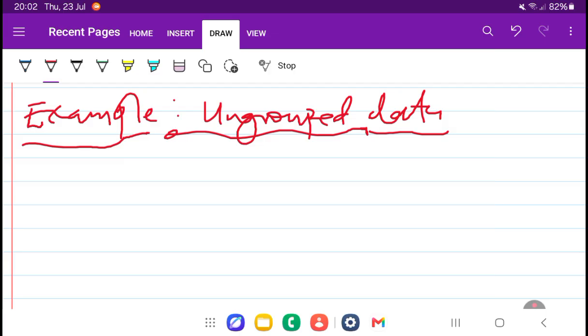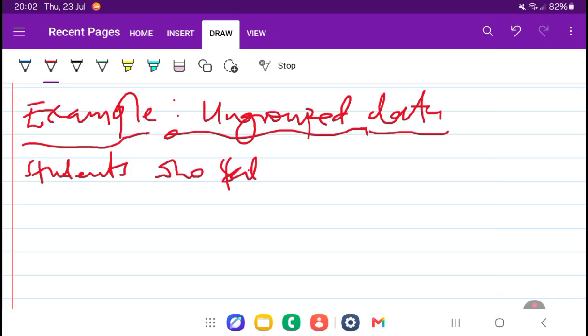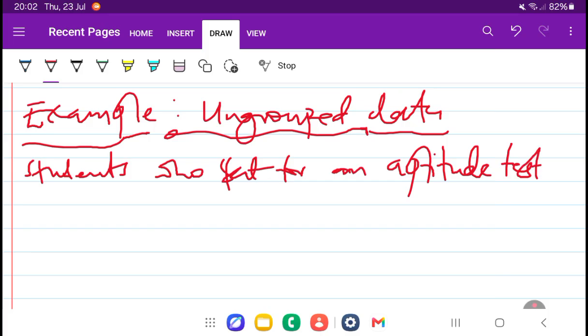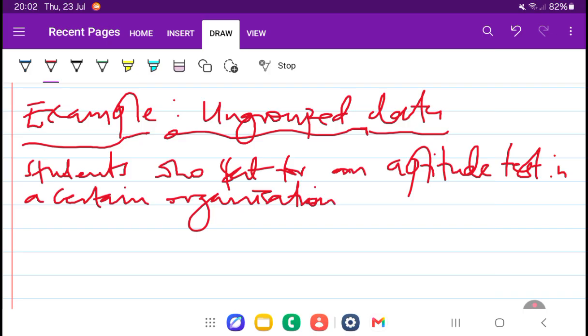Let me say students who sat for an aptitude test in a certain organization scored the following marks.